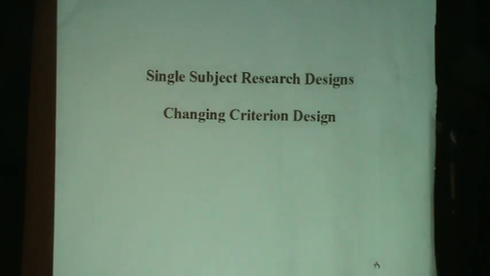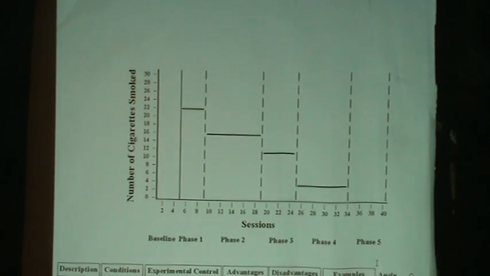Well, let's take a look at a typical graph in a changing criterion design. Notice down here, this is the sessions, let's say the number of days that we're collecting data, on the x-axis, and the y-axis is the number of cigarettes smoked.